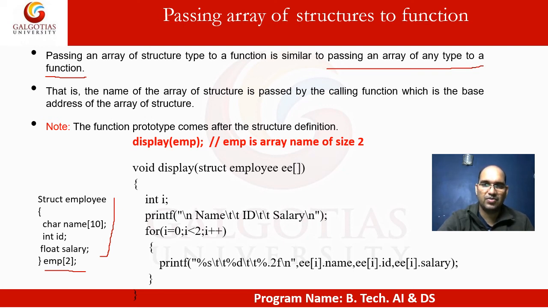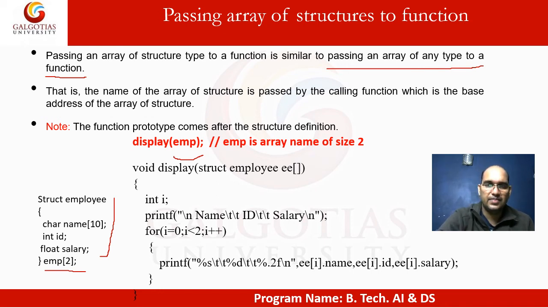When we pass an array to a function, we simply pass the name of the array, because the name of the array is the address of the first element of the array. The same way here, in spite of writing emp of array 2, we simply write emp. It will pass the address of the first element of this structure array to the called function.